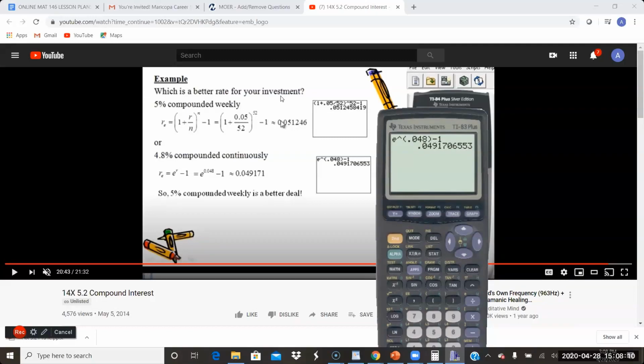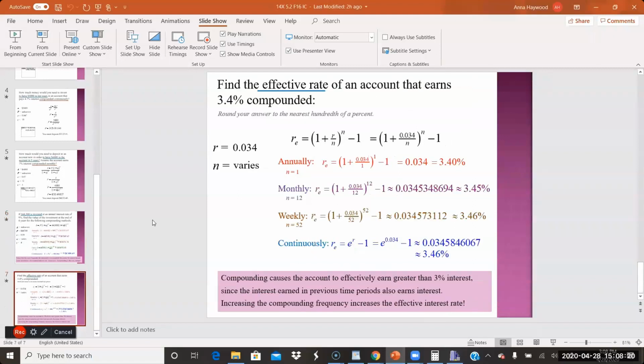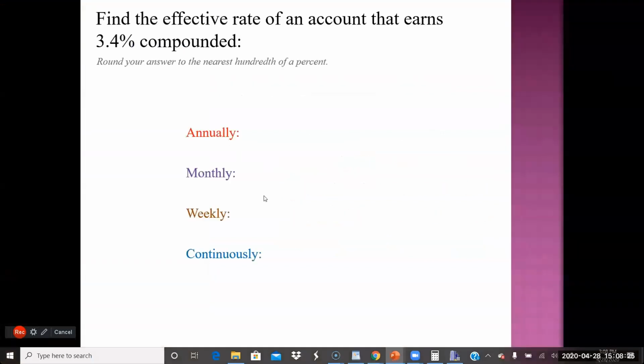Okay, so that covers everything for this chapter. We've gone through all the questions. Let me see if there's some more examples here. Yeah, if you want to try this one, same thing. They said, what's the effective rate of an account that earns 3.4% compounded annually, monthly, weekly, continuously?